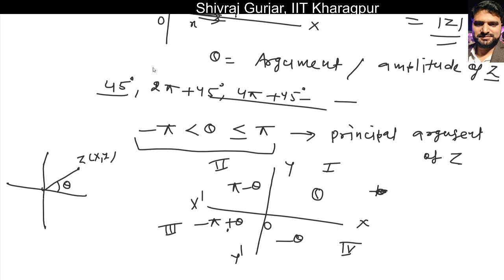We are assuming theta in first quadrant, means जो theta होगा यहाँ पे tan theta, what is tan theta, this is y and this is x, so tan theta is y by x.